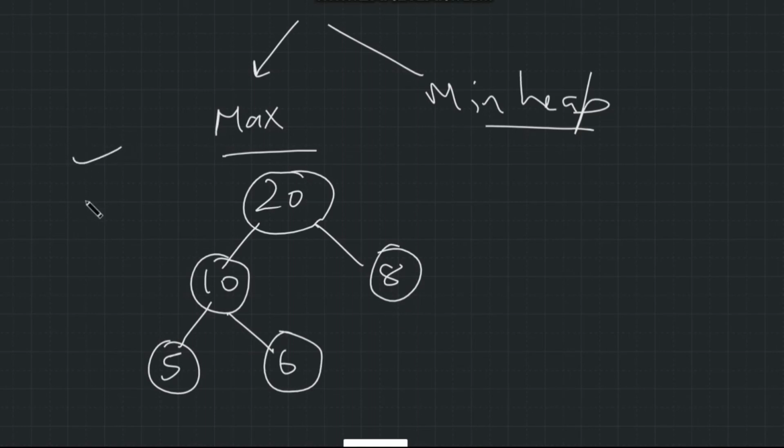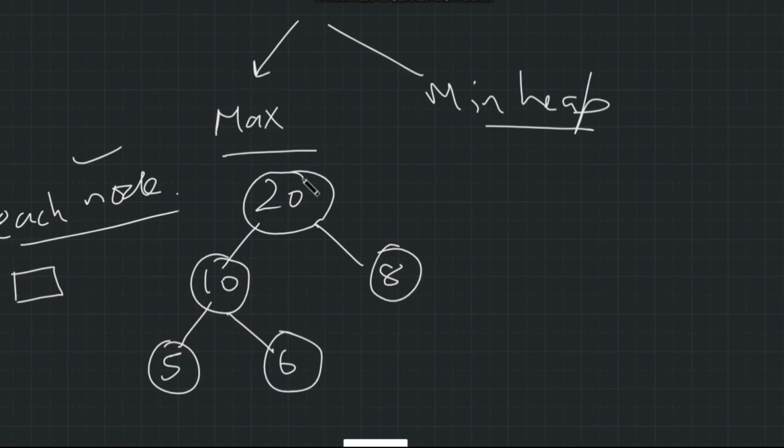In a max heap, the node having the largest value will be at the top. Each node follows this property: its value must be the largest as compared to its descendant values.